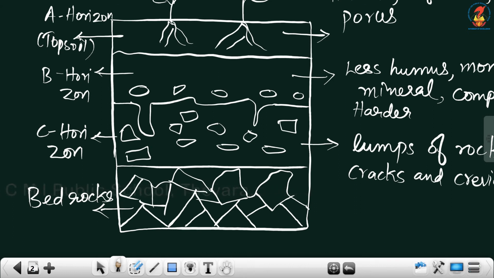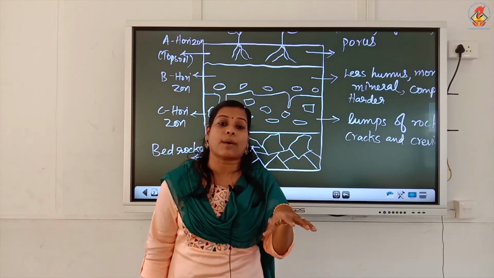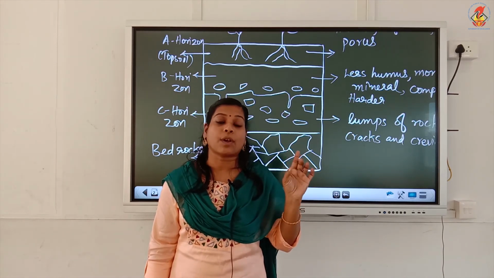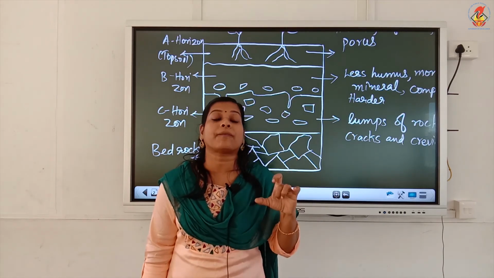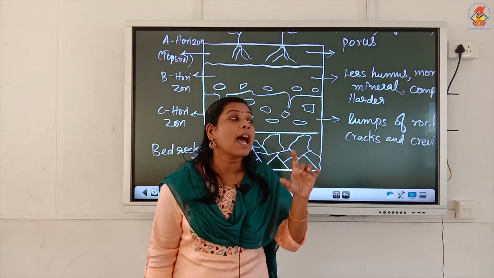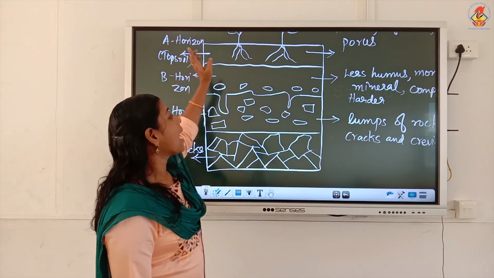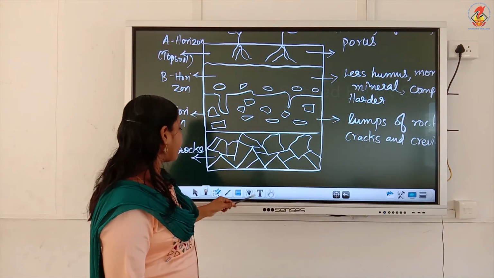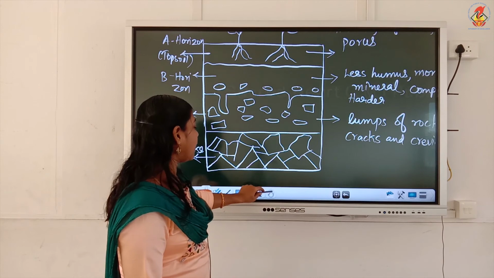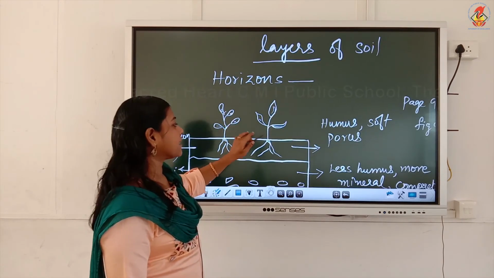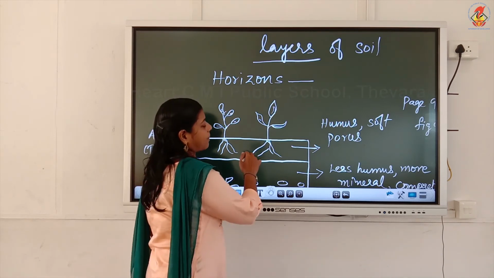So these are the different layers of the soil, and the cross section showing the different layers is known as the soil profile. The different layers of the soil profile are known as horizons. The first one, the A horizon or topsoil, is present at the top, and we can see the roots of small plants embedded there.